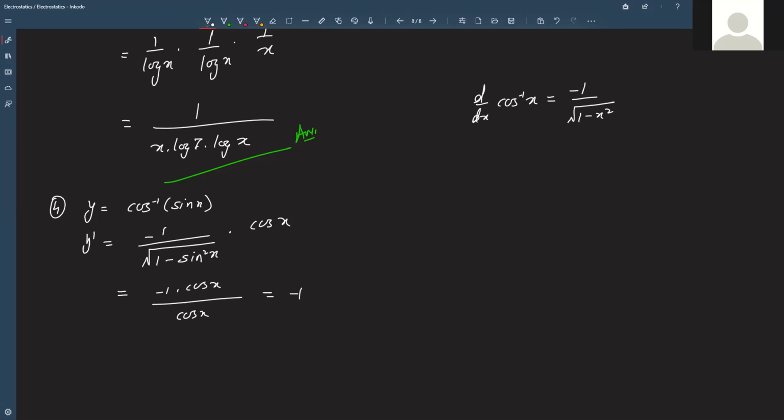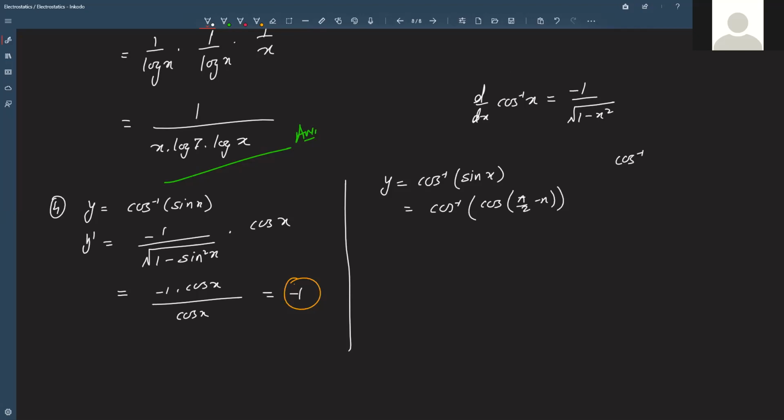Now the same question can be done in another way as well. So in this case our answer is minus 1. Let's see the other technique. This cos inverse of sin x, which is our function y, that can be written as cos inverse of cos of pi by 2 minus x. And what do we know about inverse trigonometry?